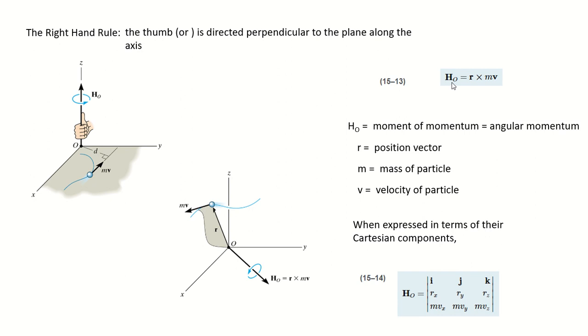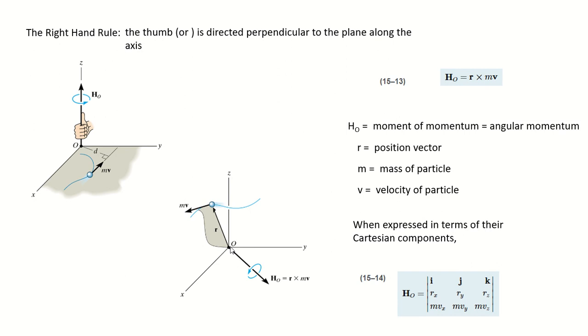So your angular momentum is equal to our simplified version of the equation: the position vector, which is this guy, measured from O to the line of momentum of your particle. We call it r here, d over there, times mass times the velocity of that particle.